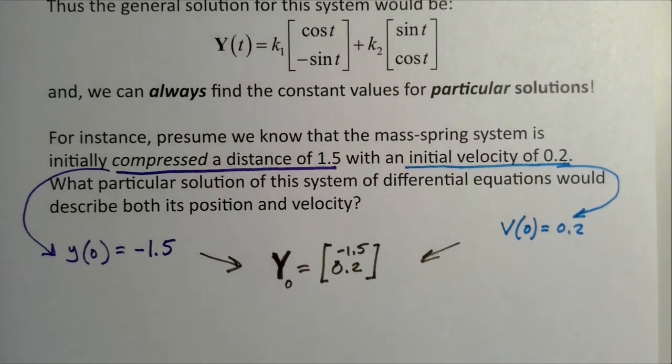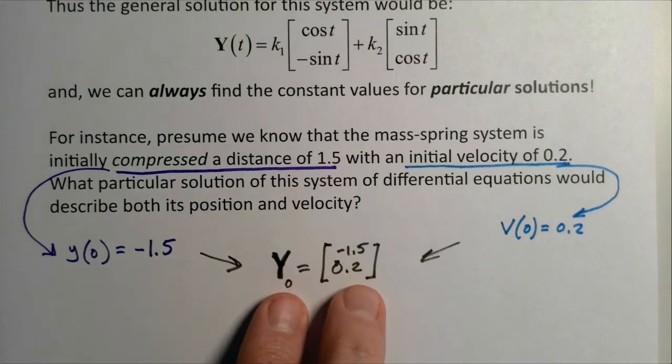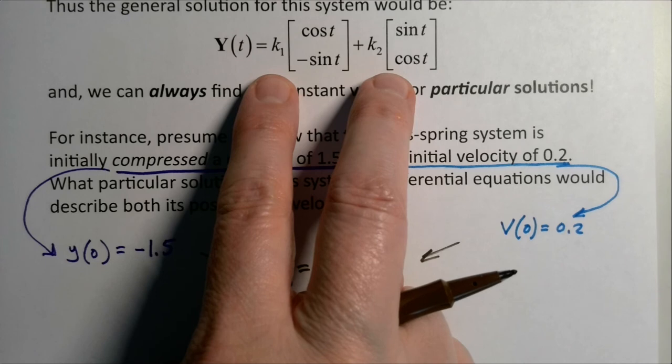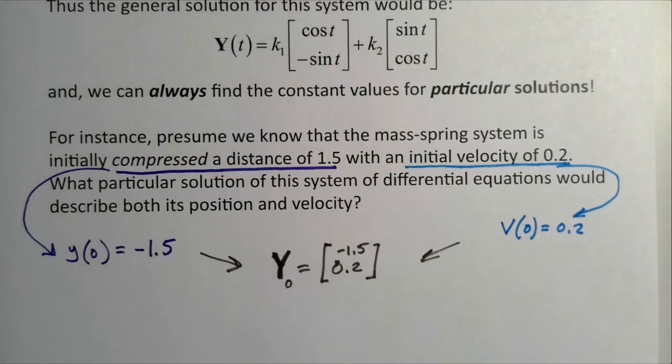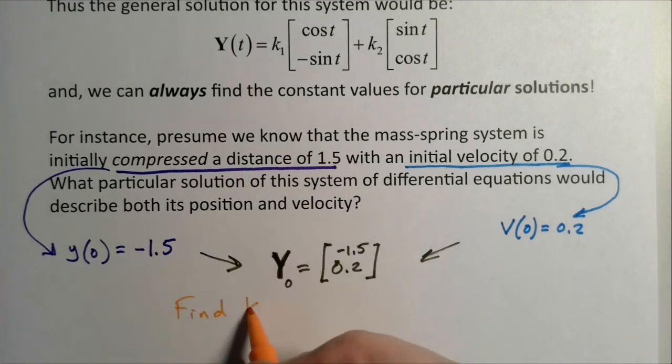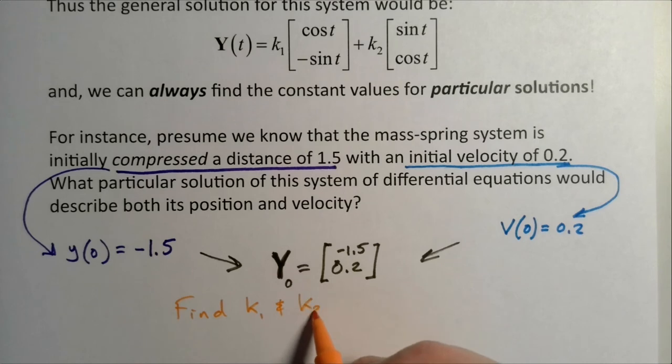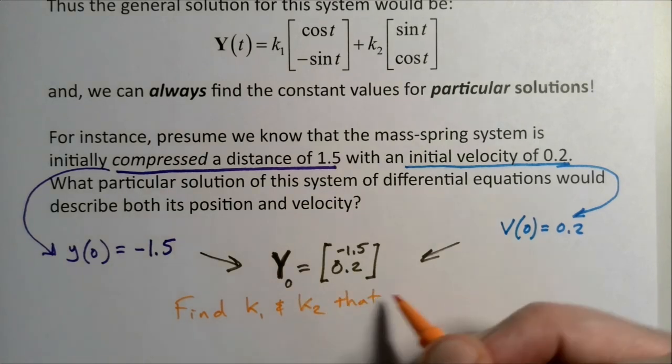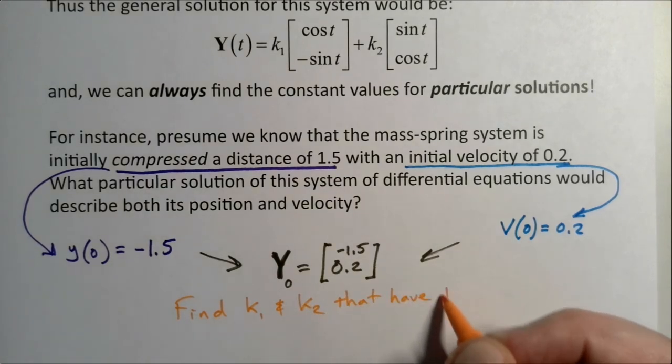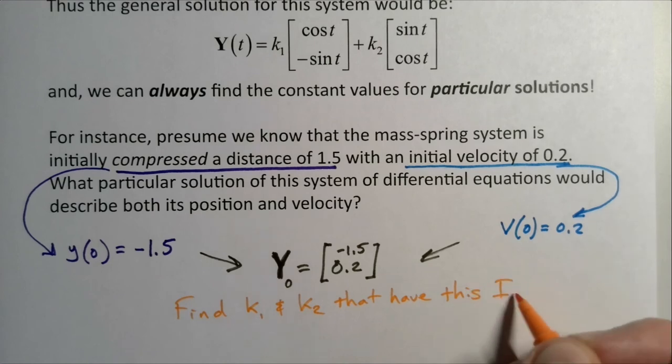And so we have an initial condition, we have a general solution, so that means we have an initial value problem that we can solve. So we need to find the values for K1 and K2. That's what we're going to do.